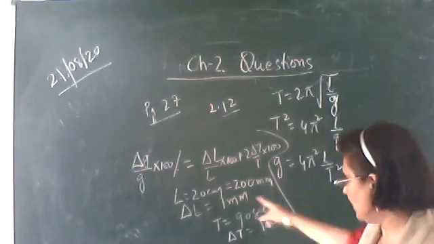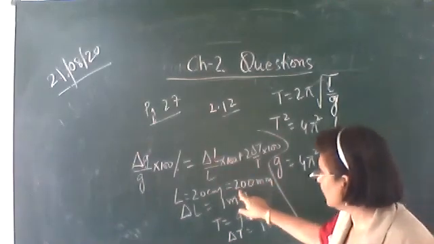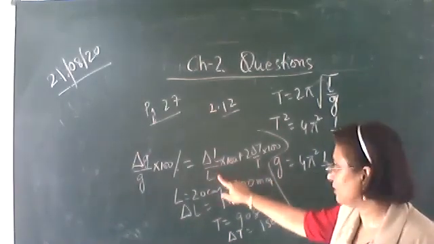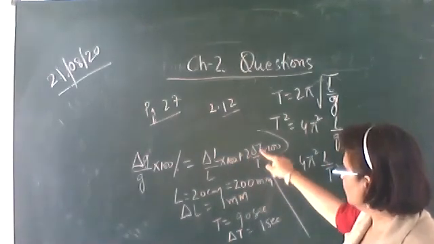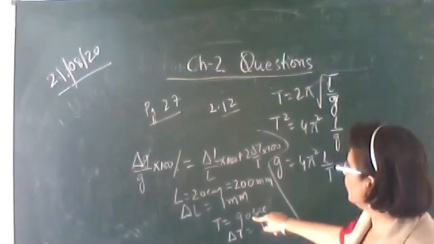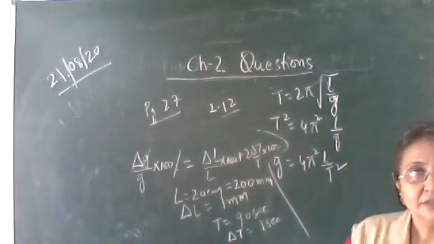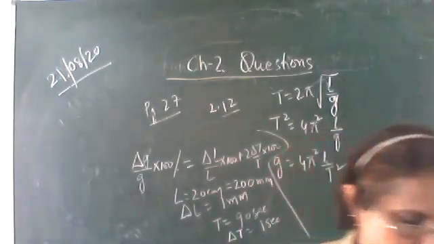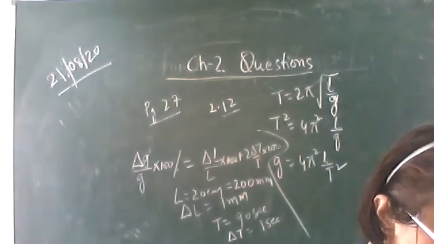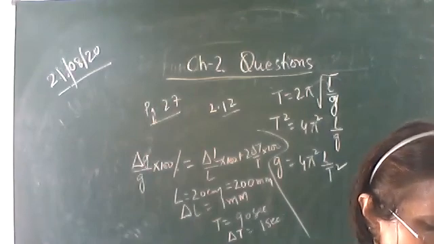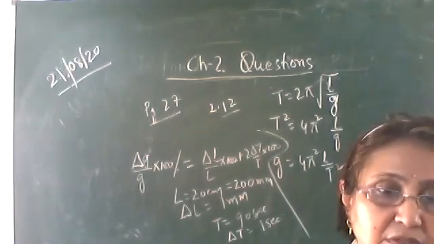So you can calculate: delta L 1 millimeter, L is 200 millimeter, 1 upon 200 into 100, plus twice delta T, 1 second upon 90 seconds into 100. Here the answer given is 3%. You can check your answer. I think it is 0.27 which they have rounded off and written as 3%.